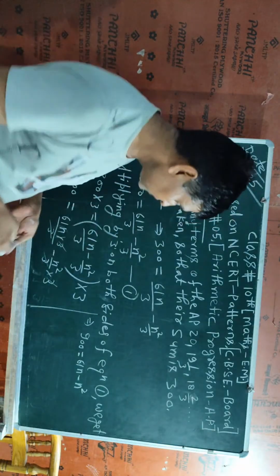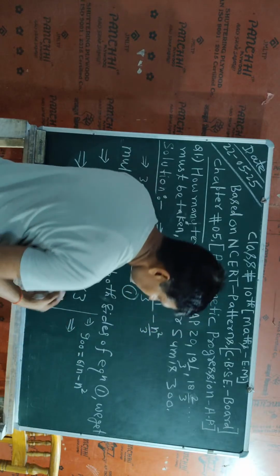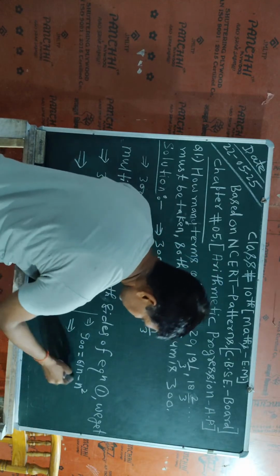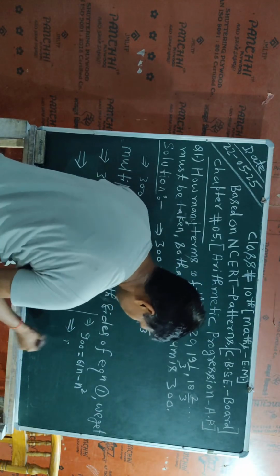Now this quadratic equation I am going to arrange in standard form. So all terms I will put in the left hand side. So the n square term will come in the left hand side, and each sign will change.